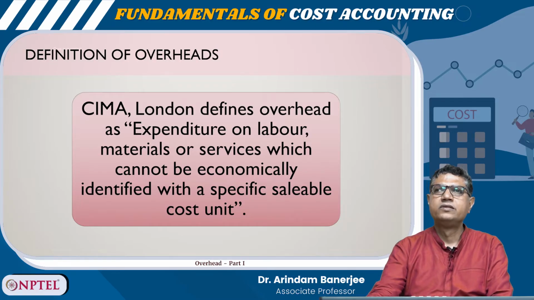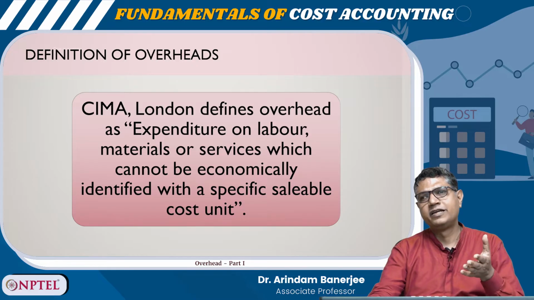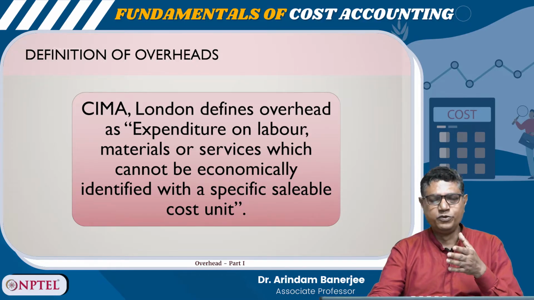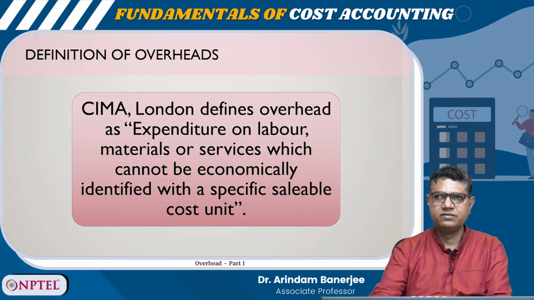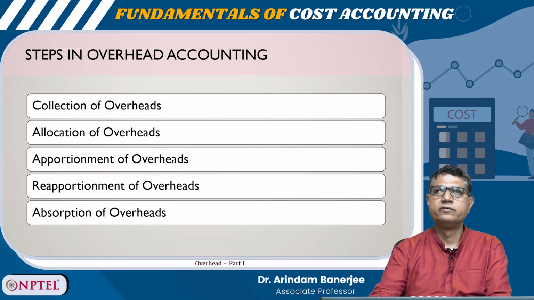The expenditure which cannot be directly identified: you can identify the cost of the metal body used for manufacturing the car, but you cannot directly identify the salary of administrative staff to it. So, it is an overhead.